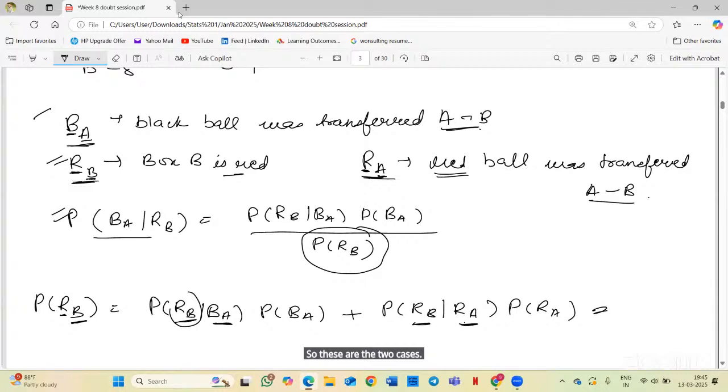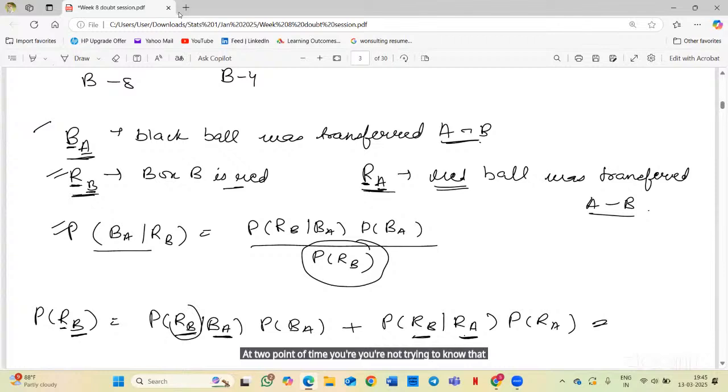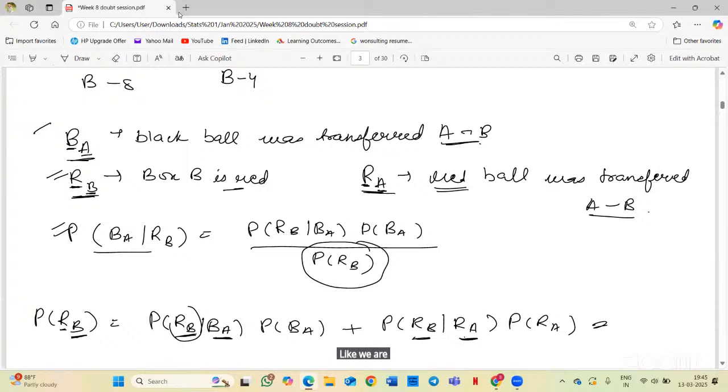When a single ball is transferred from A to B, what are the chances that it will be black and red? You wrote that the black ball was transferred from A to B, and second, that from box B we are getting a red ball.